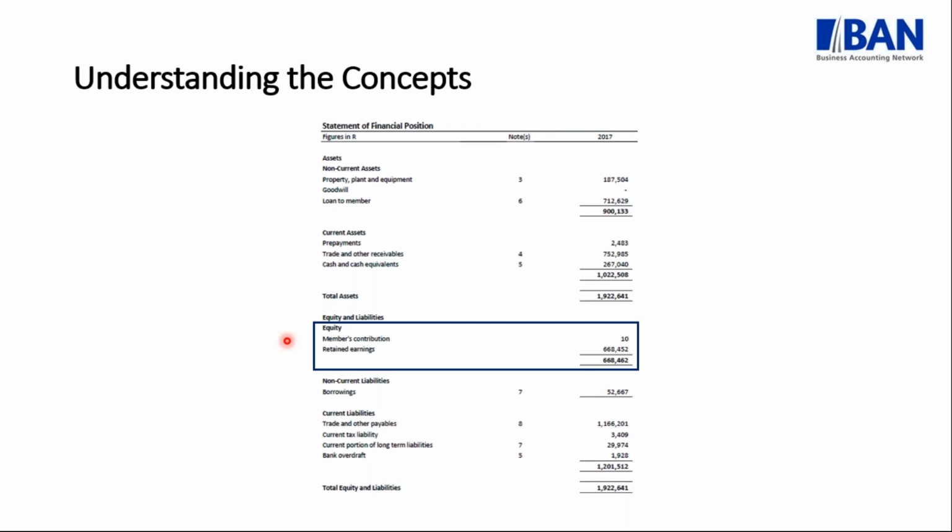However, it's important to take note that you cannot look at your liquidity and your solvency in isolation. You need to combine the two concepts when you're looking at the financial health of your business. Because if you just quickly look here, if you look at this current asset section, which is what we say typically looks at your liquidity, you've got just over about 1 million. At the bottom of here, when you look at your current liabilities, you've got that 1.2 million.